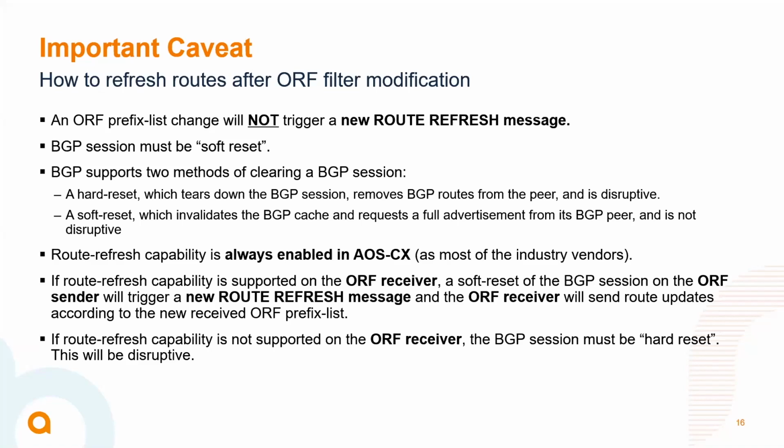Okay. So if route refresh is supported, which should be the main case, on the ORF receiver, the soft reset of the BGP session on the sender, the one where you modify the prefix list, will trigger a new route refresh message from the sender, and the ORF receiver will send route updates according to the newly received ORF prefix list.